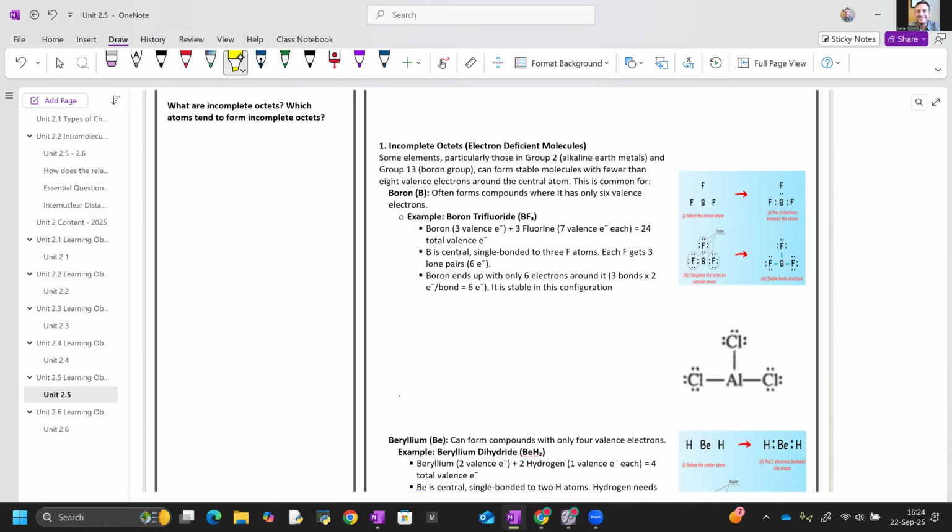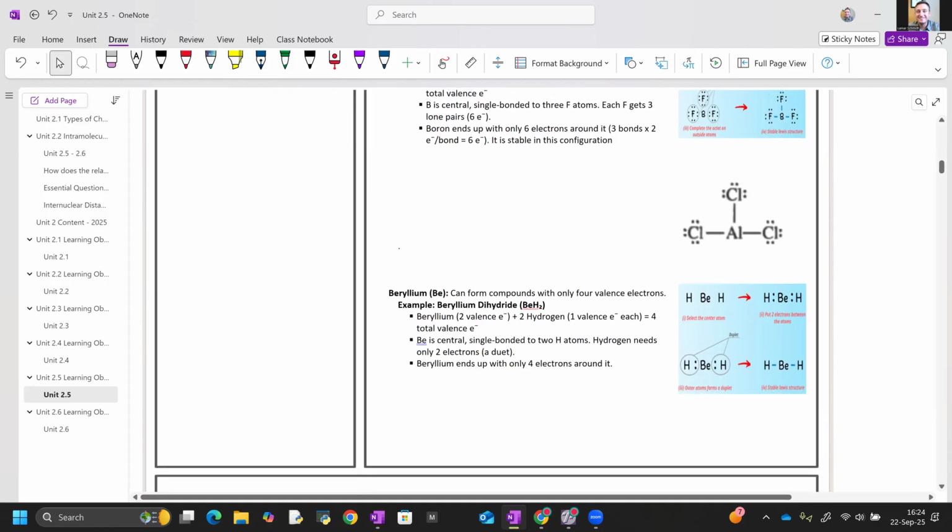And this is what this is saying here, we see that this only has 6 electrons. Boron and all the elements in boron's group, like boron, aluminum, gallium, are going to form incomplete octets with only 6 electrons. All right, that's an example there. And then another one is beryllium.